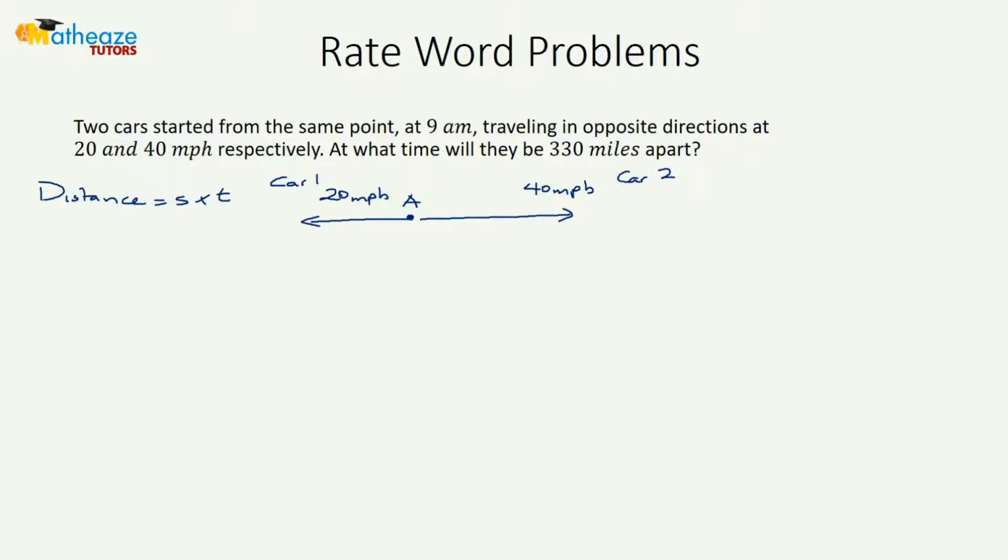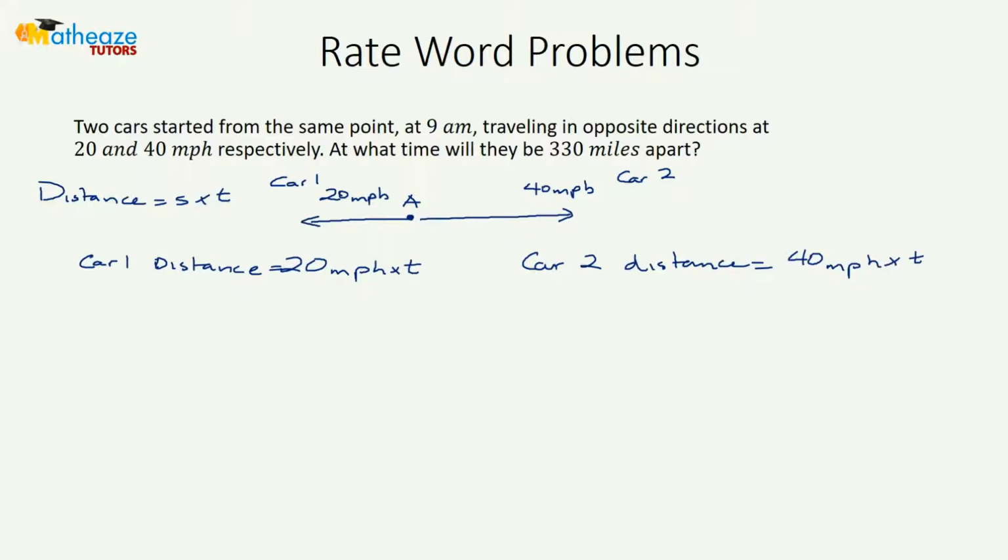We can say this is car 1 and this is car 2. Car 1's distance is 20 miles per hour multiplied by time, which is t. Car 2's distance is going to be 40 miles per hour times t.